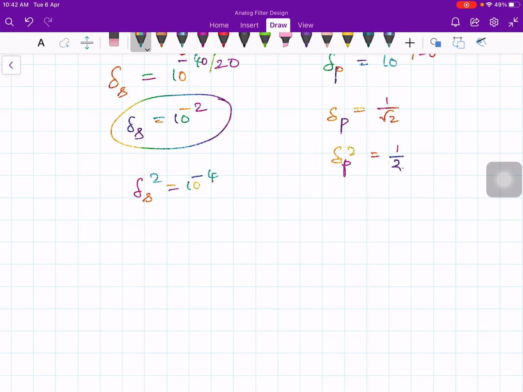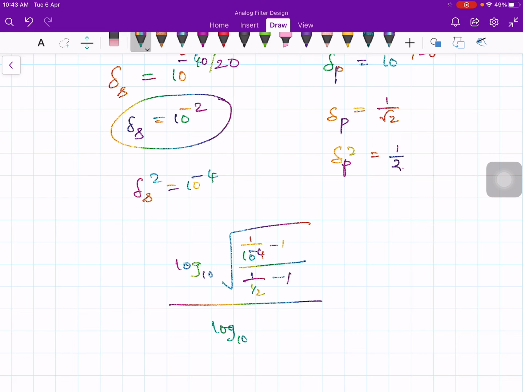Now you apply the formula, log to the base 10 of 1 by delta S squared minus 1, so 1 by 10 to the minus 4 minus 1, divided by 1 by 1 by 2 minus 1, whole divided by log to the base 10 of omega S by omega P, that is 2000 pi divided by 1000 pi.